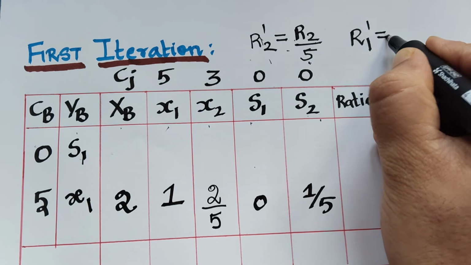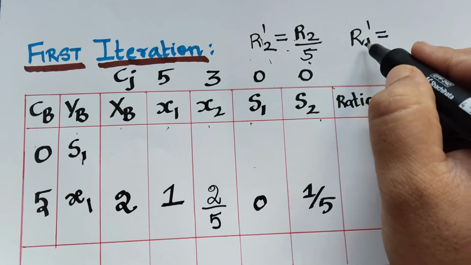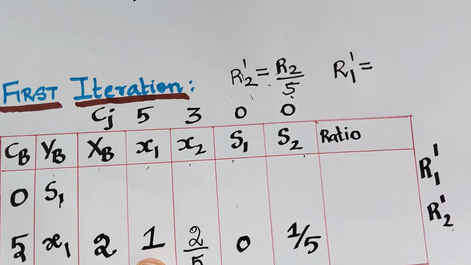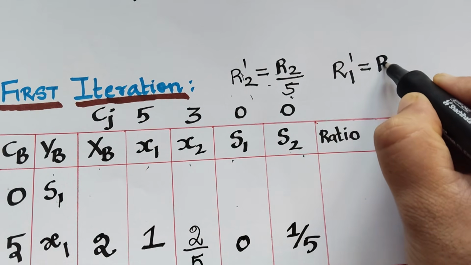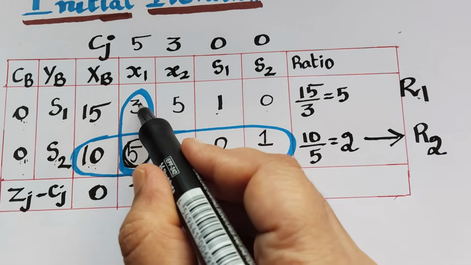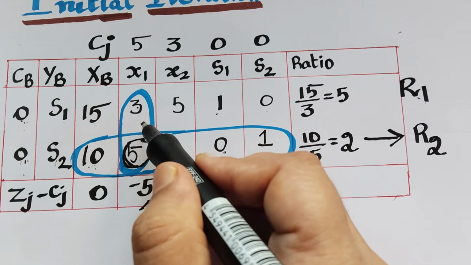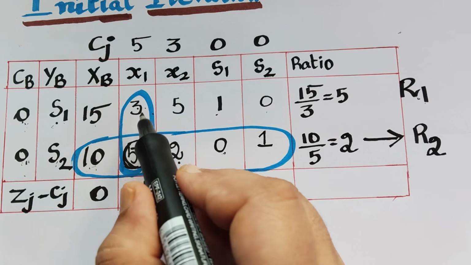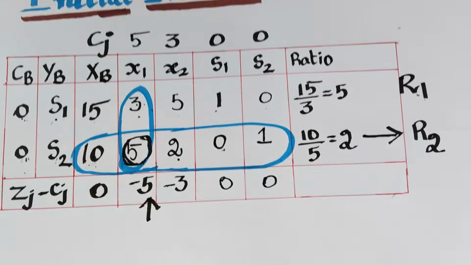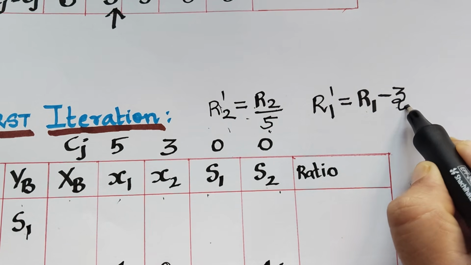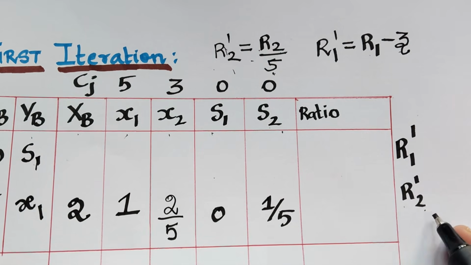R1 dash is equal to, the formula is, the old S1 equation. What is the old S1 equation? This one, and it is represented as R1. So R1 dash will be equal to R1 minus the element corresponding to S1 in the pivotal column, which is 3, multiplied with the new pivotal equation R2 dash.